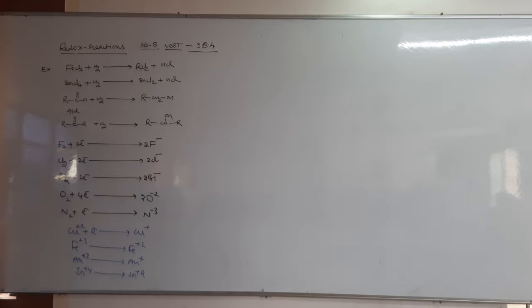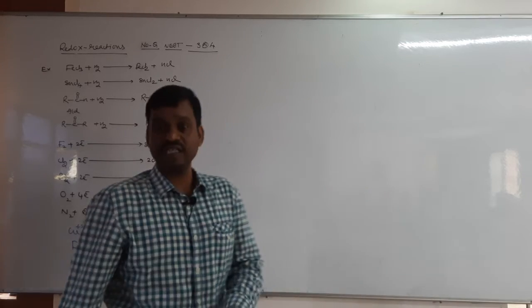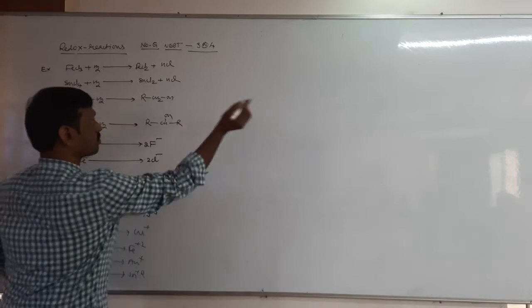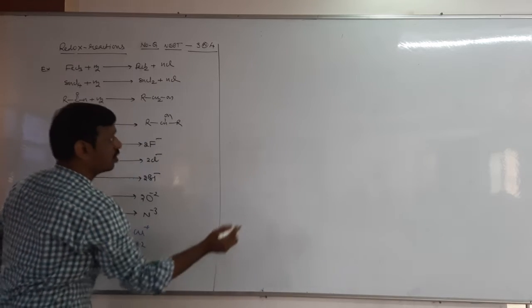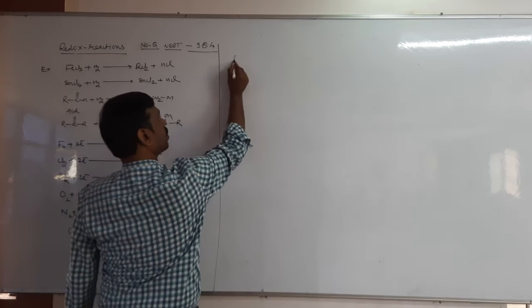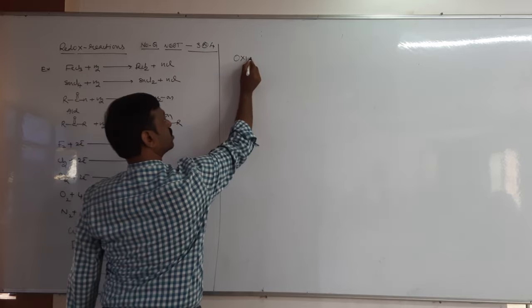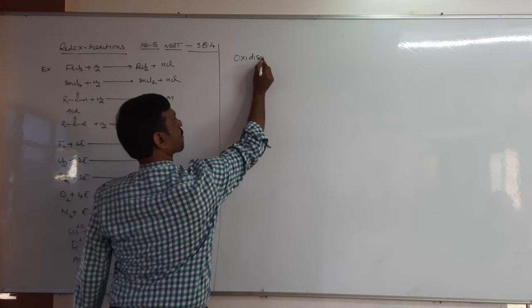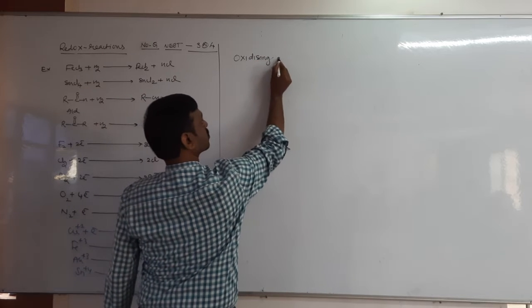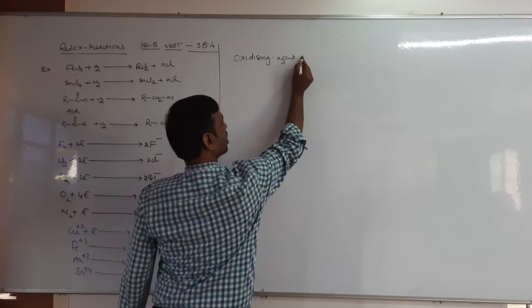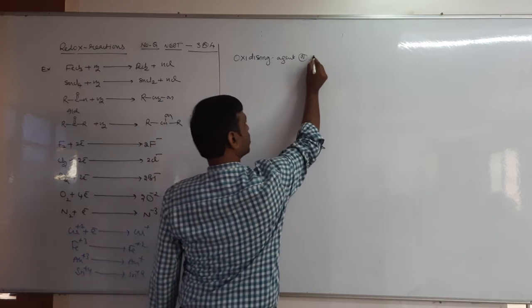Which of the following is an oxidizing agent? Which of the following is a reducing agent in a given reaction? So now our next concept is oxidizing and reducing agent, right? So what is oxidizing agent and what is reducing agent? Oxidizing agent, it is also called oxidant.